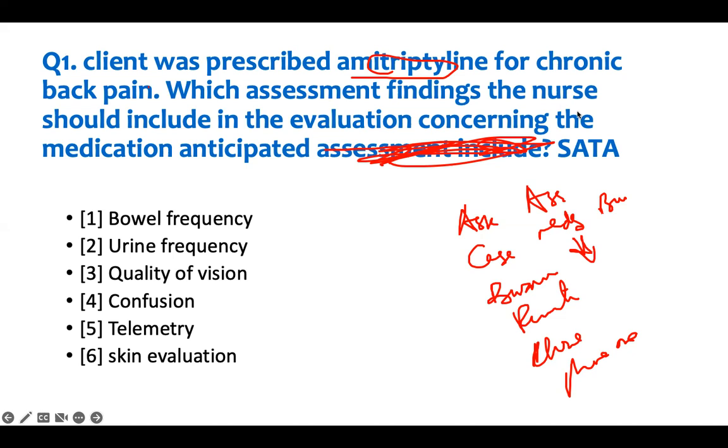They've told you. So they partially have given you some information to answer the question, but not all of it. At least 50% of it, they have to tell you if they're going to ask you a SATA question. Sometimes if you know it's a SATA question, they will give you an idea. So for this one, I've given you an idea. It's used for back pain.